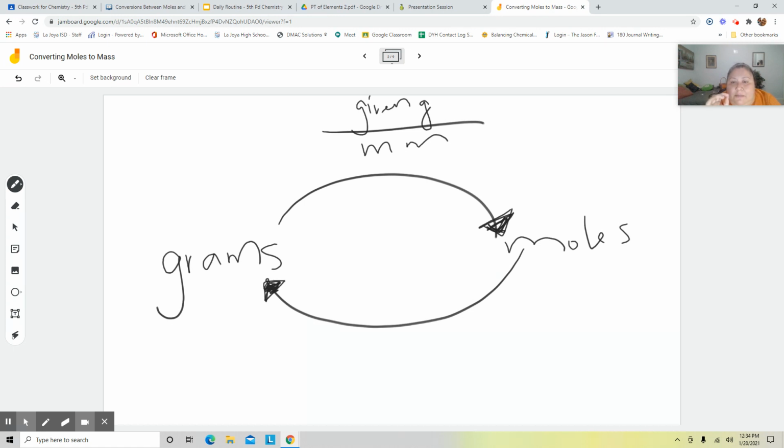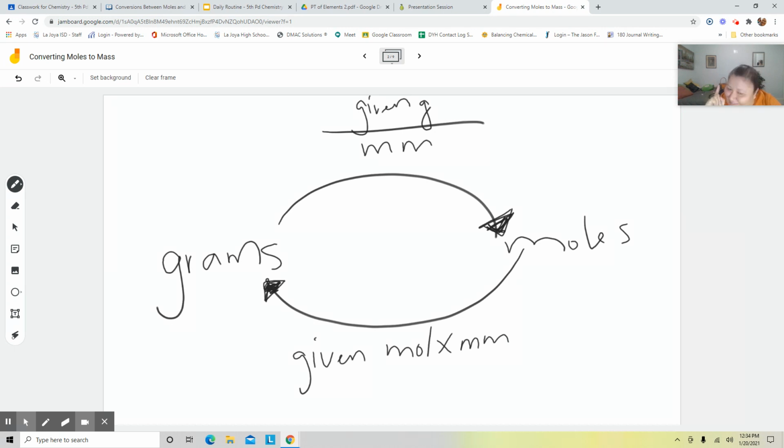Molar mass. MM means molar mass. Now, if you're given moles and they're asking you for grams, you're going to use that bottom curve. You're going to take your given moles and multiply now by MM. Jeremiah, what is MM again?